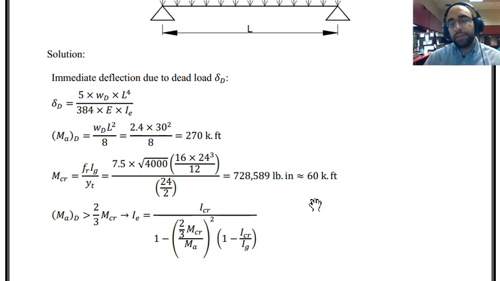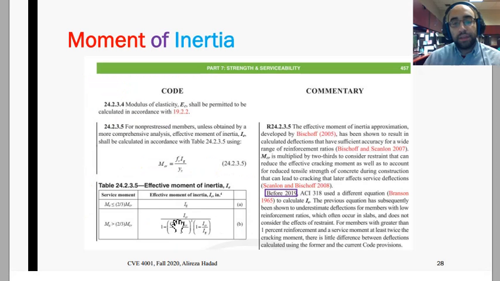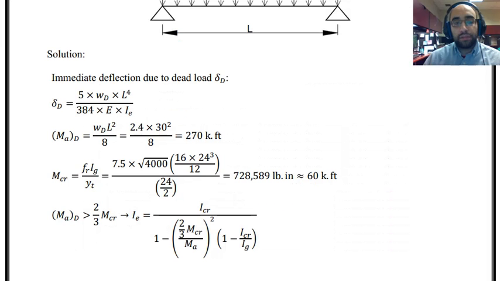Changing it to kip-foot, it's about 60 kip-foot. So I have to compare the applied moment, which in this case is the moment because of dead load, and that was 270. That is definitely greater than 2/3 of the cracking moment. So I have to use this equation that is given to us in the ACI code for finding the effective moment of inertia.